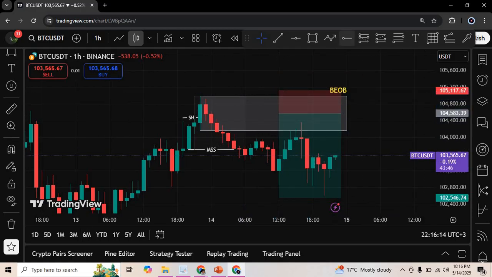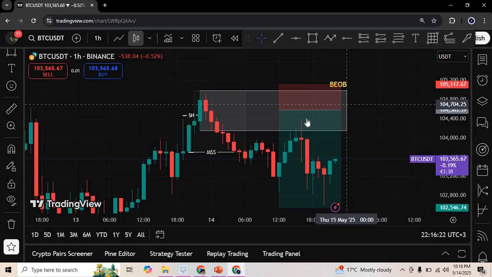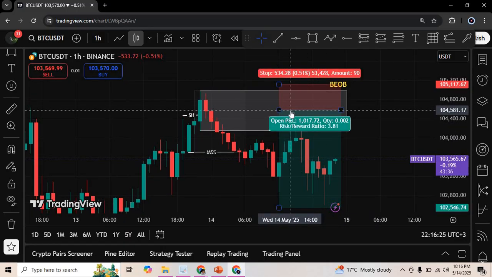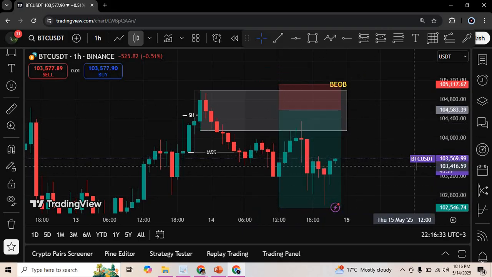You lose half of your money. I had my entry at 50% of this bearish order block, and the market played as it played right here. What do you think happened to my account?